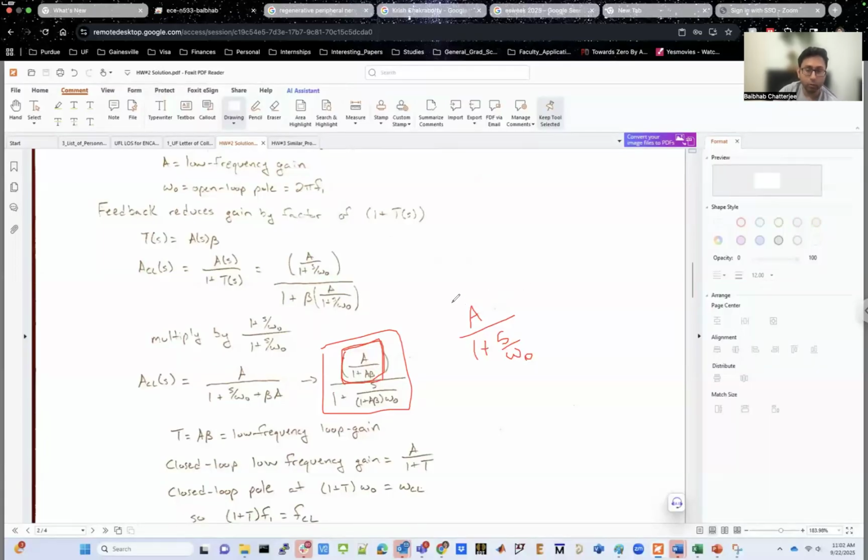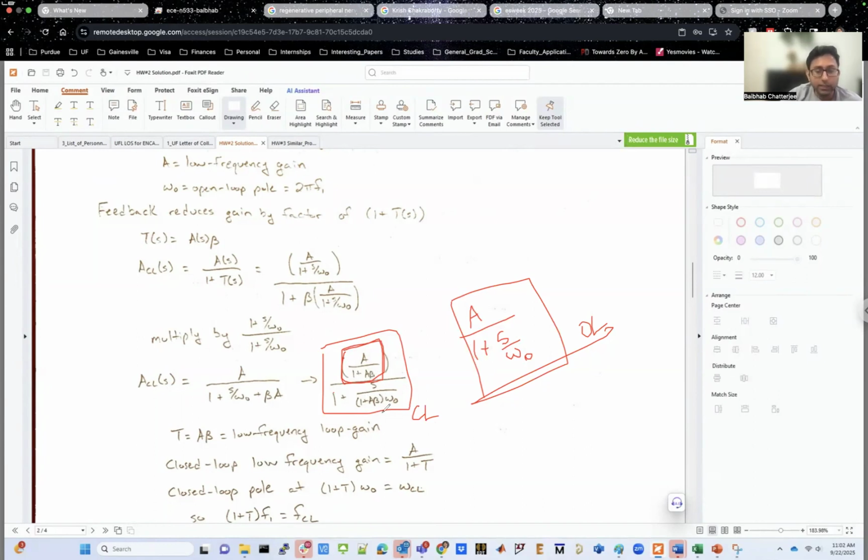Now, this was the open loop condition, so let me put a box around this. And the box here is basically what you have in the closed loop condition. So in your closed loop, you have the closed loop zero frequency gain in the numerator. In the denominator, you have 1 plus s divided by 1 plus A beta times omega naught.